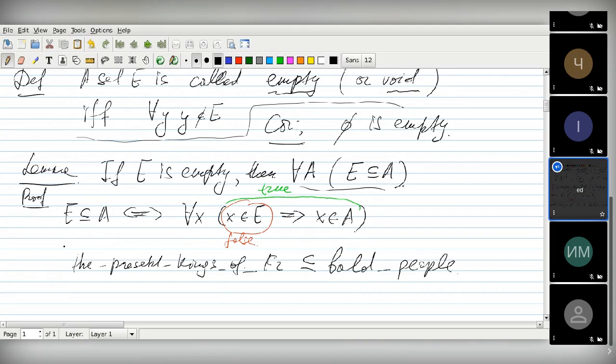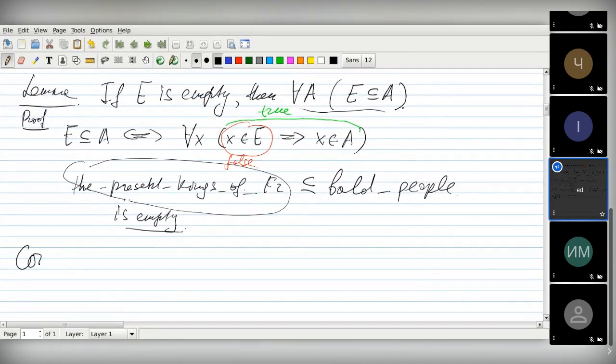It is the same. Why? Because this set is empty. So we see that any empty set is a subset of every set. Let's memorize it. An empty set is included into any set.